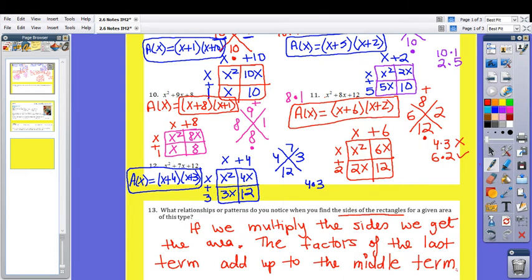Because we did 12 and figured out its factors are 4 and 3. If you add them, you get the middle term, which is 7. So that's what we wrote down here.